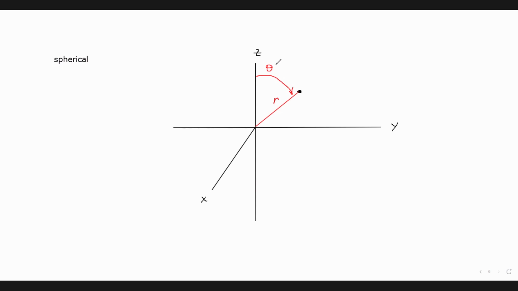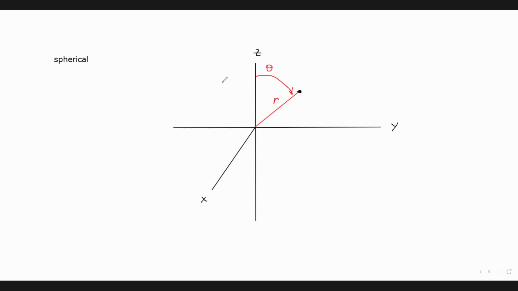What is that? That is the angle between a line that represents this radius vector and the z-axis. And notice that this line could be anywhere on a cone and have the same zenith angle, which would then be called the cone angle.